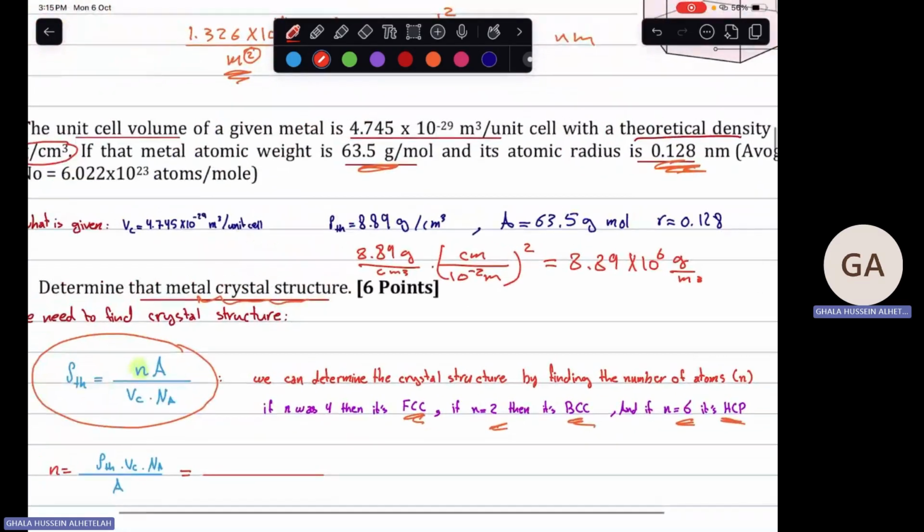Okay, as you can see, he also gives us the volume, which we can use directly.